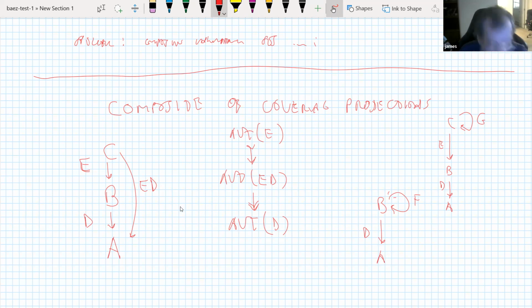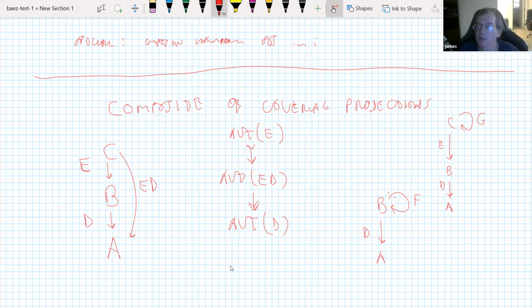And what was the question I'm supposed to be trying to answer? Just go at it any way you want. So yes, I agree that when you have a normal covering, the fiber over the base point is actually a group.